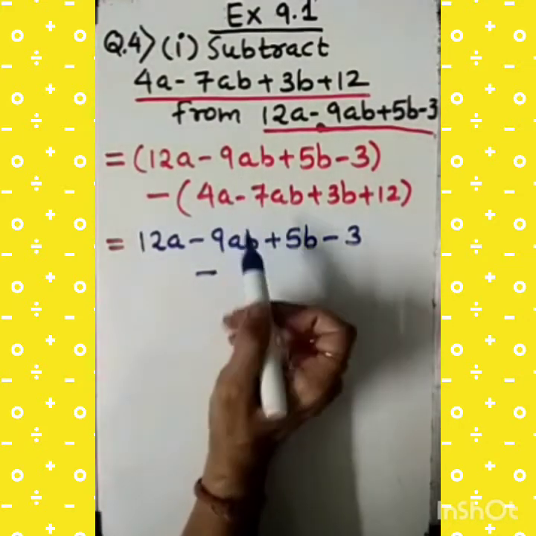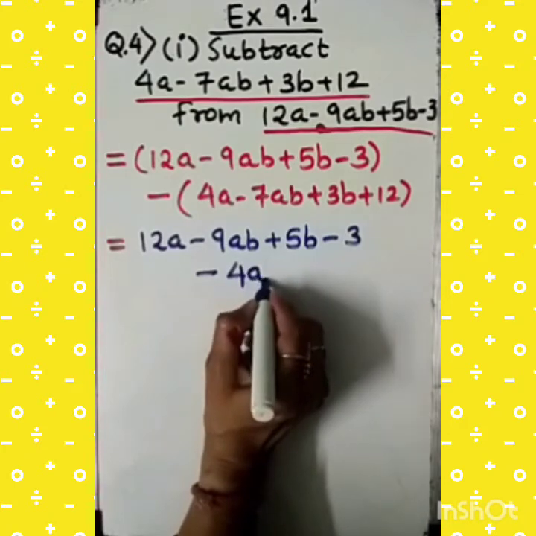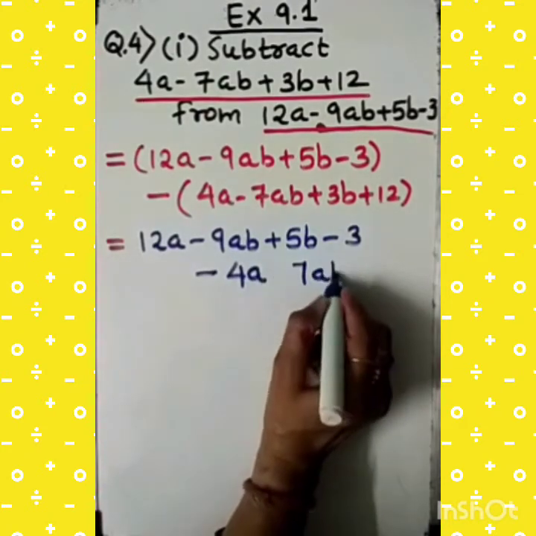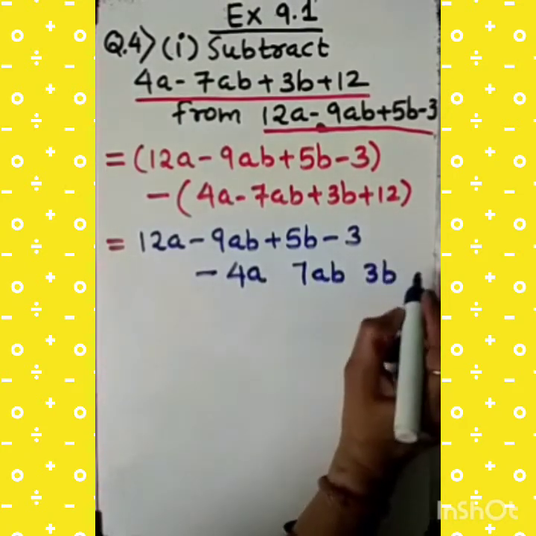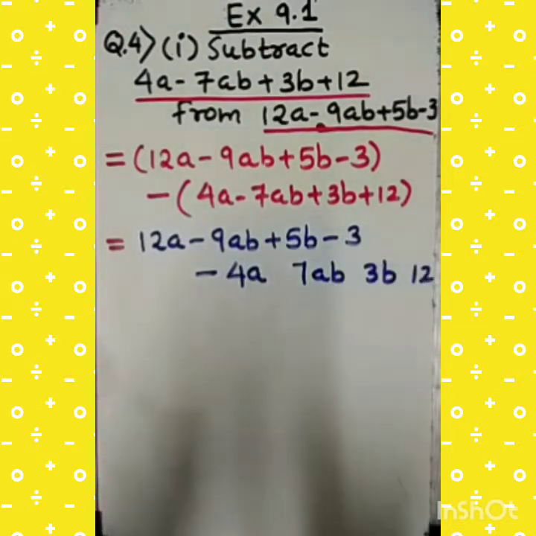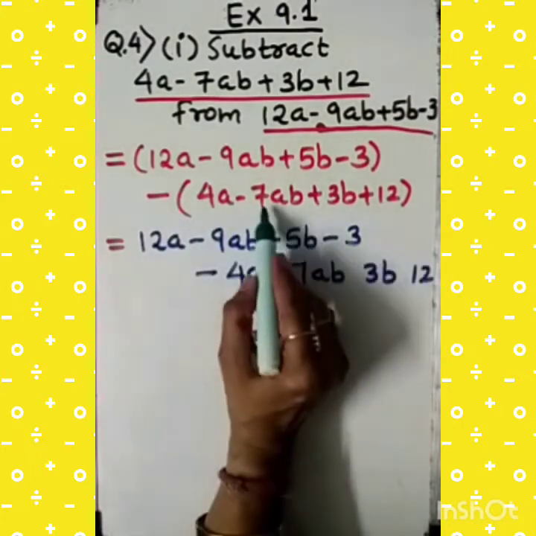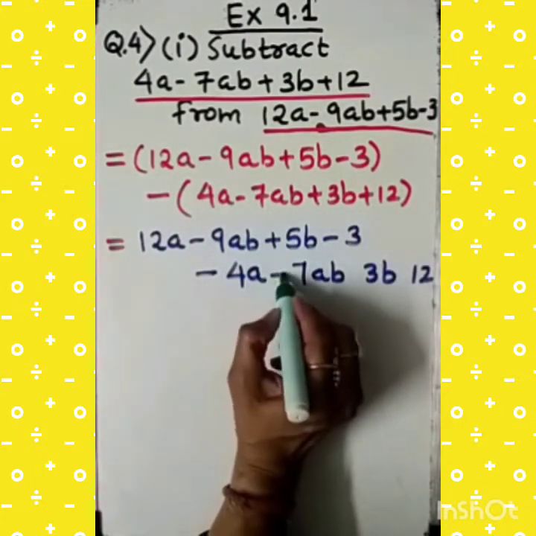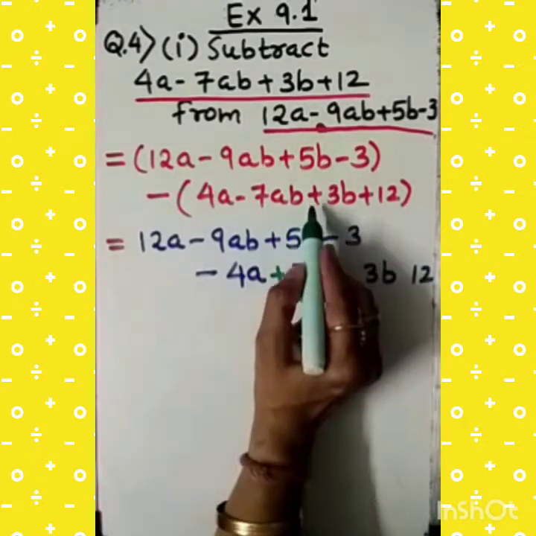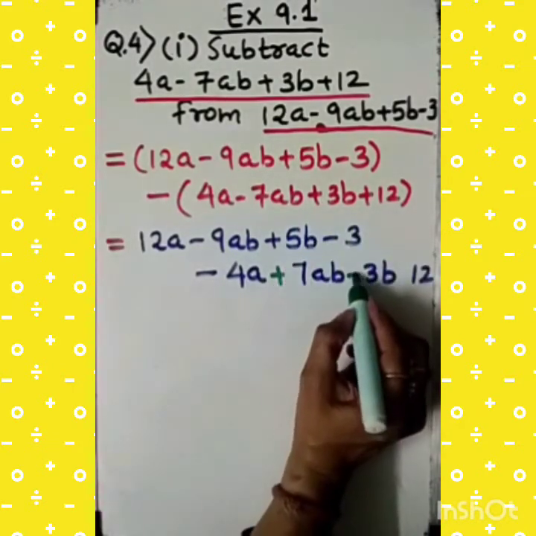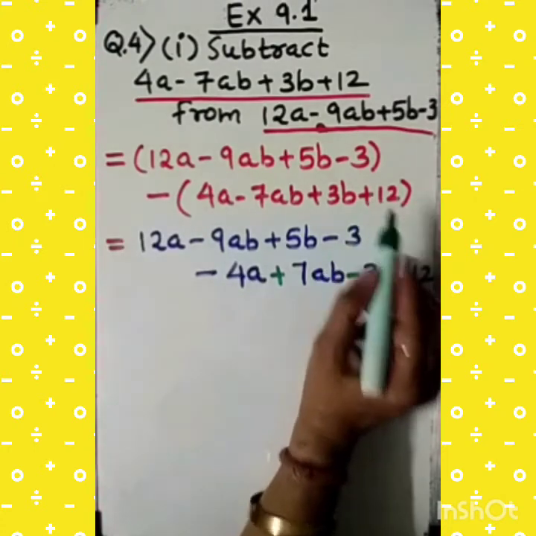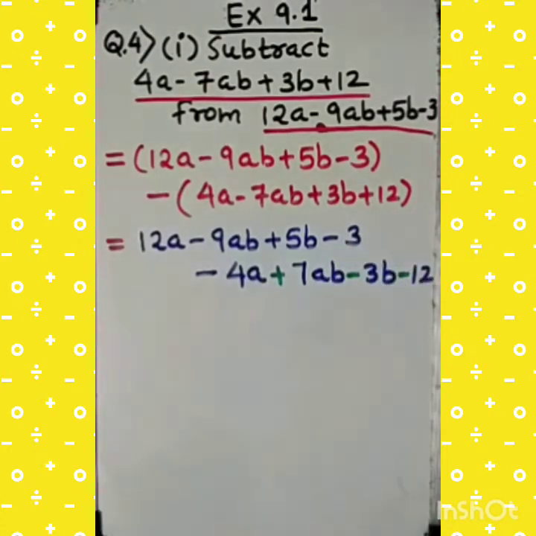This is 4a, then 7ab, then 3b, and 12 also. But how to decide the sign? Because of the minus sign outside the bracket, here it is minus, so this will become plus. Because of this plus, this will become minus, and this is plus, so this will become minus.